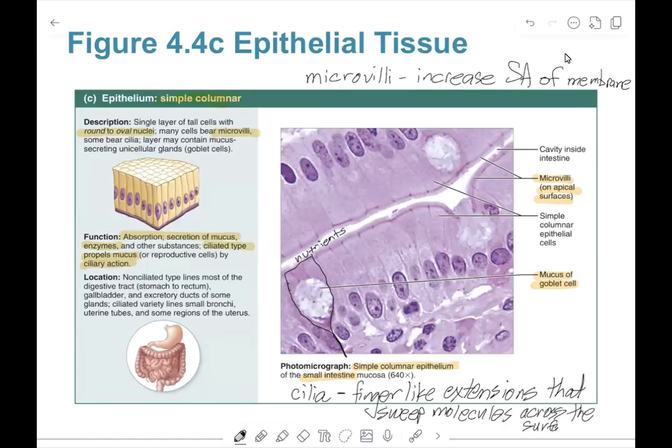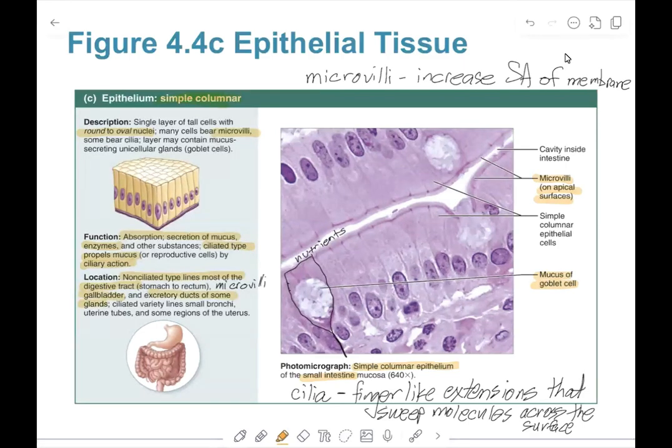So a location for the simple columnar epithelium is the non-ciliated type, which lines most of the digestive tract. And again, it has microvilli. Another location for this non-ciliated type would be in the gallbladder and excretory ducts of some glands.